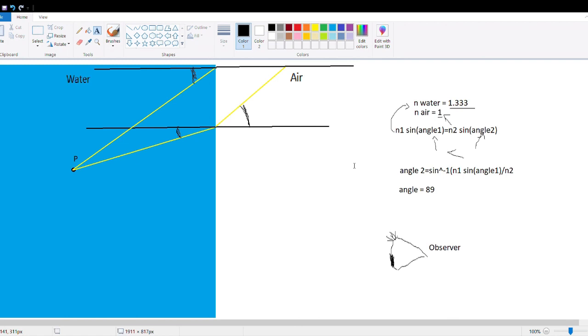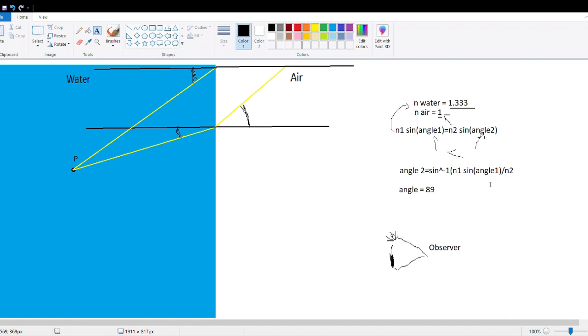The problem is that we have an angle that is way too big. Indeed, if you put it in a calculator, you will get a domain error because we get a value in here that is bigger than 1.